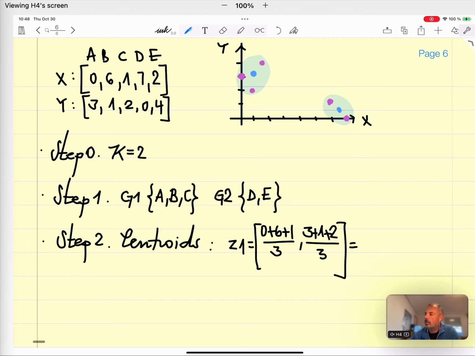So it's going to be 2.33, 2. This is our first centroid, okay?